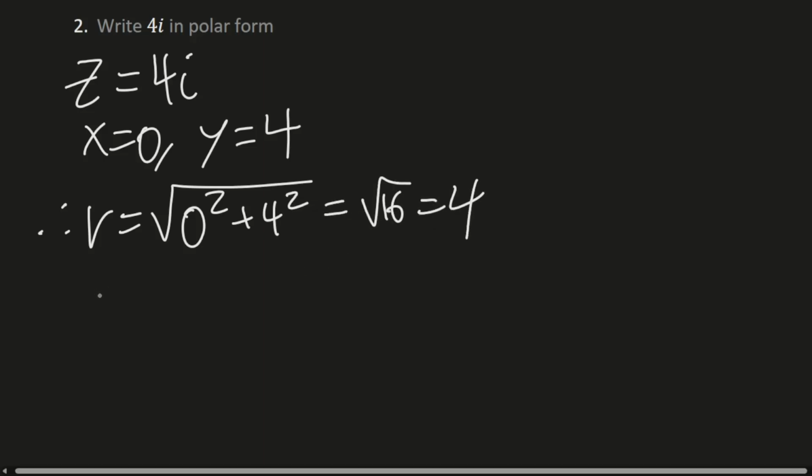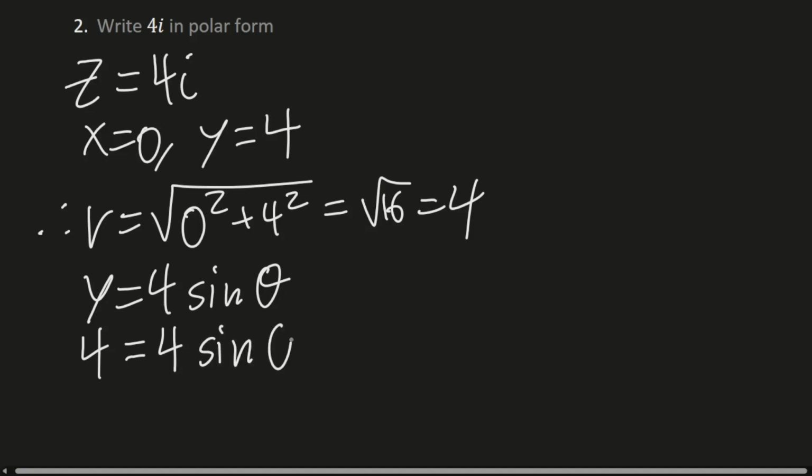So now x doesn't equal anything, so we just do y equals 4 sine of theta. And then that basically means that 4 is equal to 4 sine of theta. So sine of theta is equal to 1.